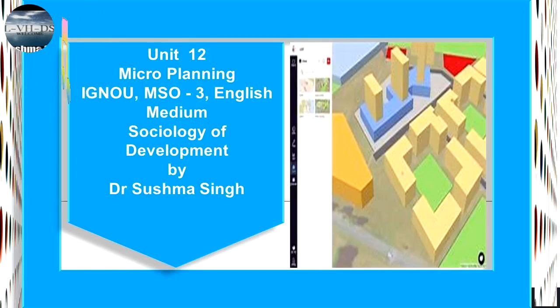Now, let us come to the second point, the need of microplanning. In the development policies of developing countries like India, the issue of social equality and balanced societal development has now come to the forefront.